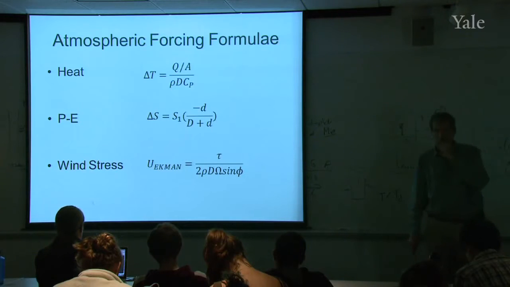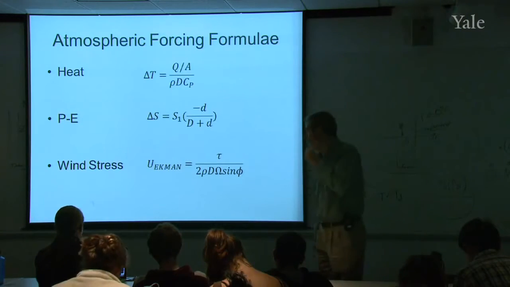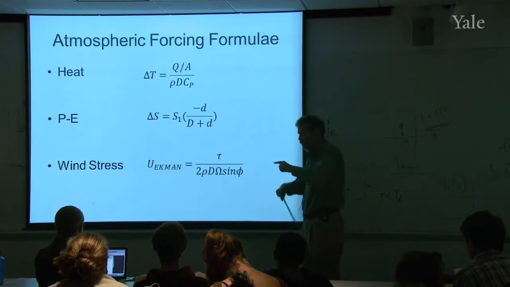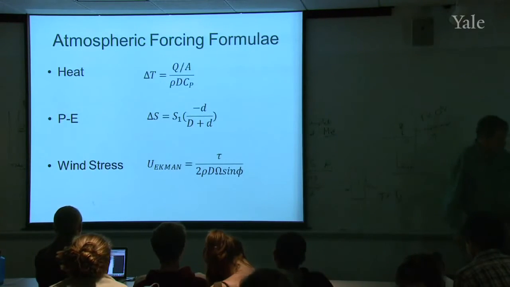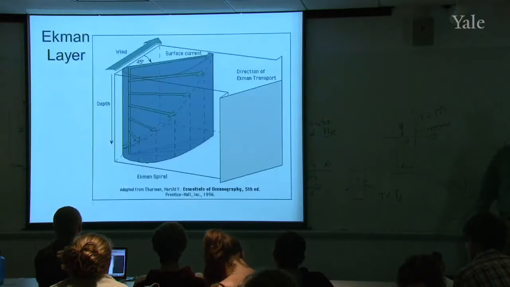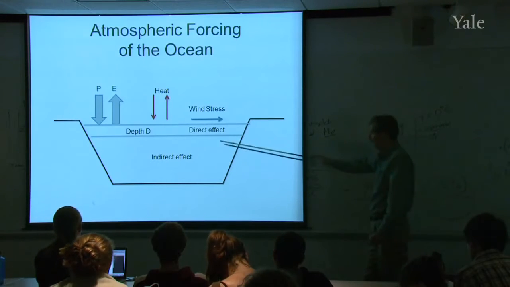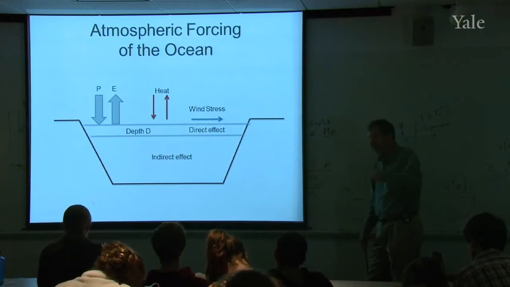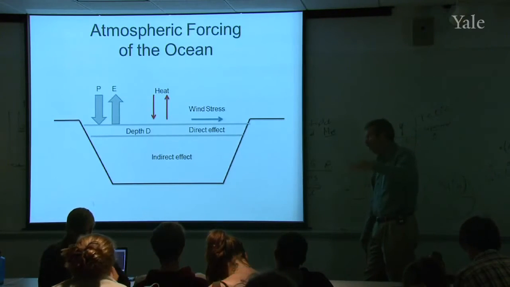Just real quick again, the little d versus the big D. The big D is depth. In all cases, D is this layer that is feeling the direct influence of these forcings. And it's hard to predict exactly what that'll be. It'll depend on how much turbulence there is, how deep things are going to get mixed.